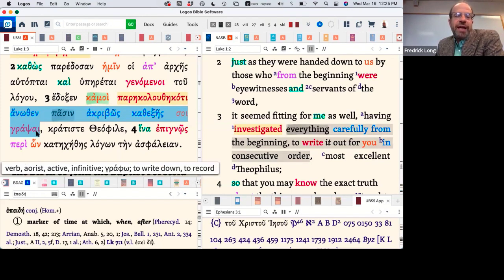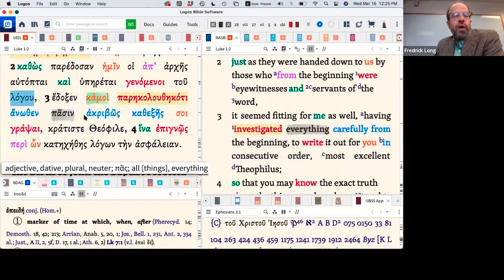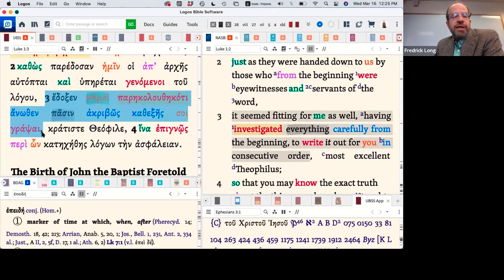Probably writing up. So this writing up, then, this is what we have to decide: what is modifying what. In Greek, you have main sentence elements: subjects, verbs, and objects that are required by the verb.